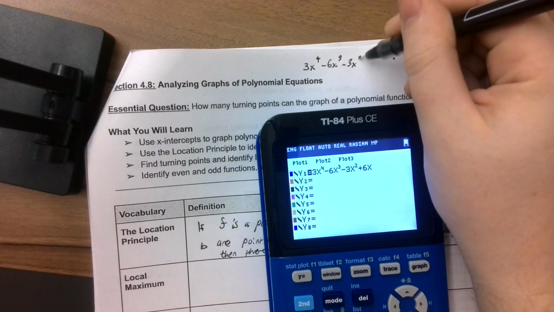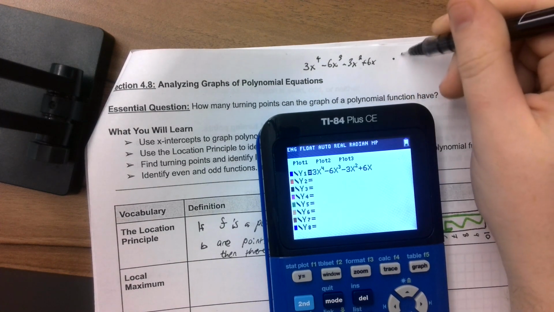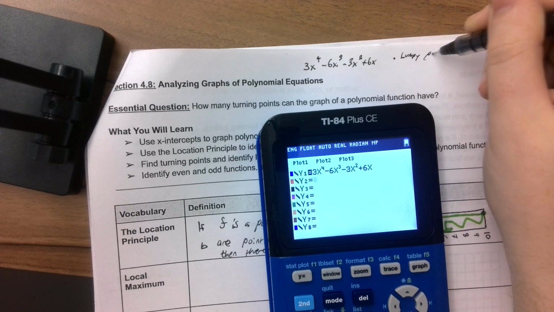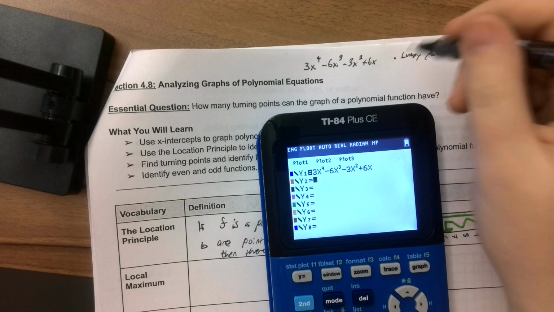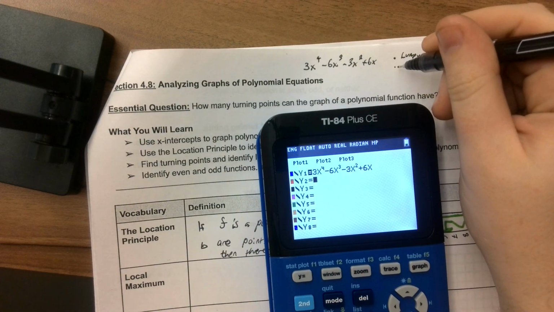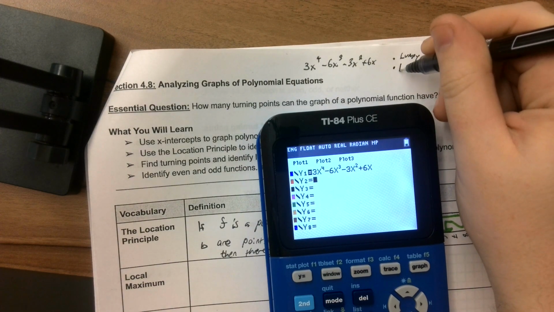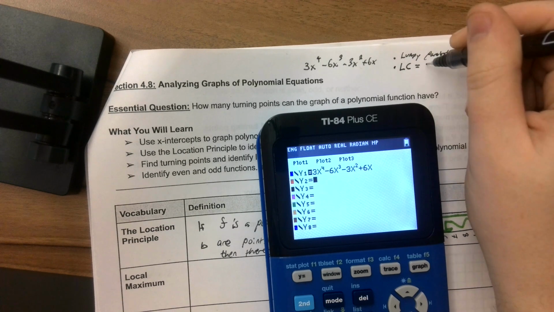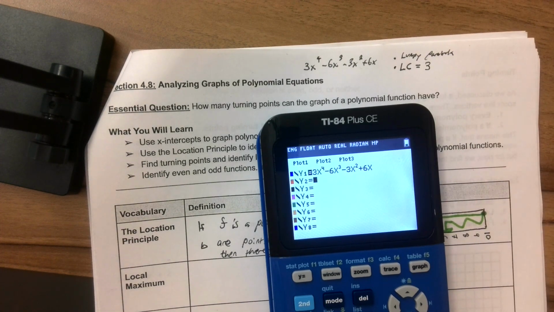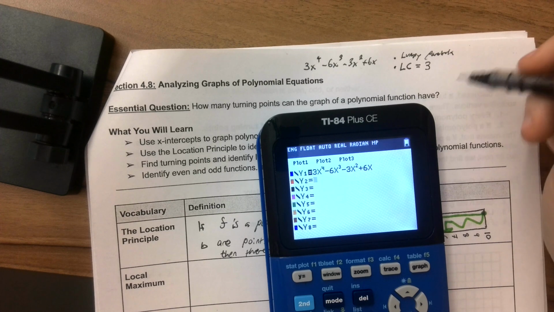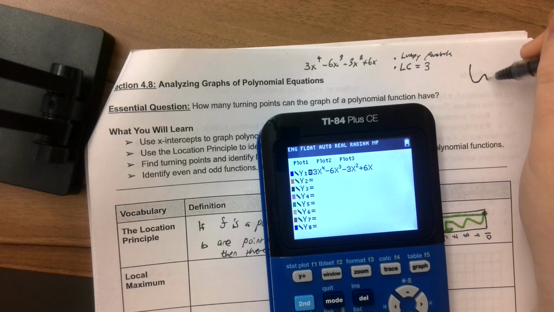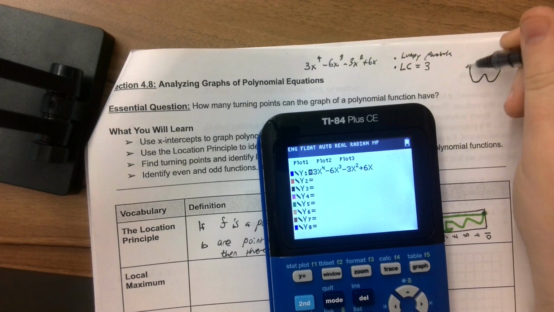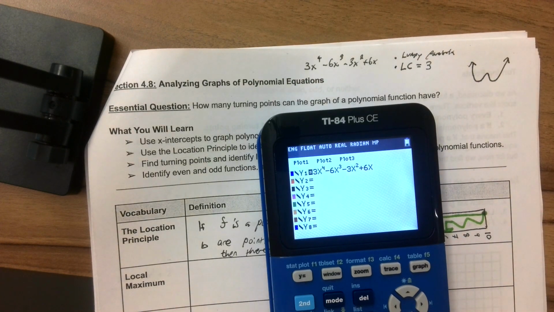Our degree is 4, so we know this is going to be a lumpy parabola. All right? What else do we know? Well, our leading coefficient is 3. Since our leading coefficient is 3, that tells us that our lumpy parabola is going to be facing up. When I graph this, it should look something like this.